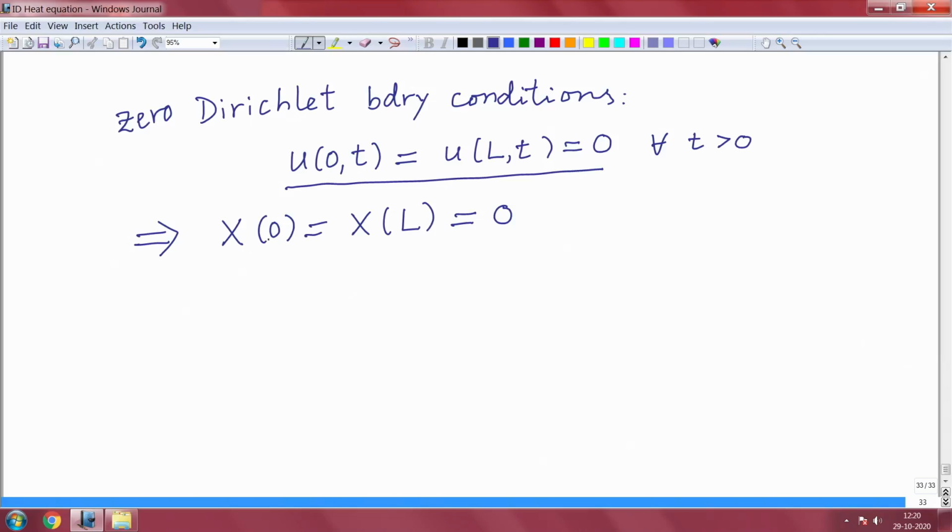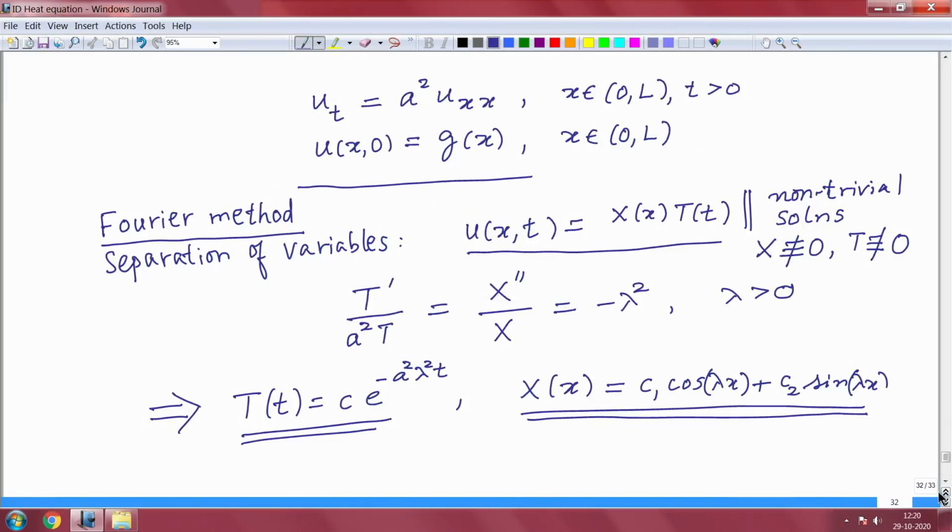So, remember, X(x) is C1 cos lambda x plus C2 sin lambda x. So, if I put x equal to 0, cos is 1, sin is 0, that implies C1 is 0.